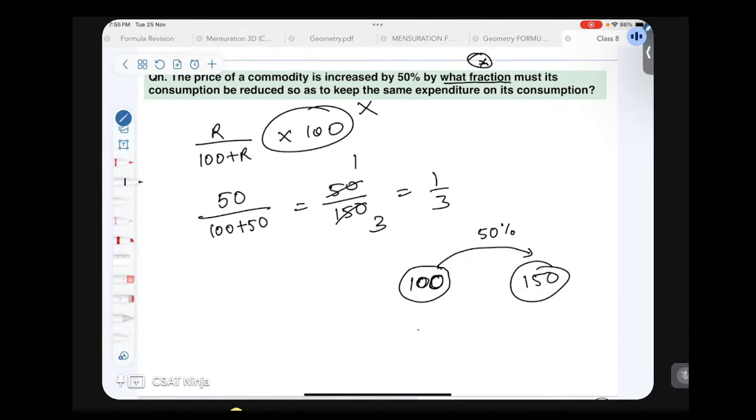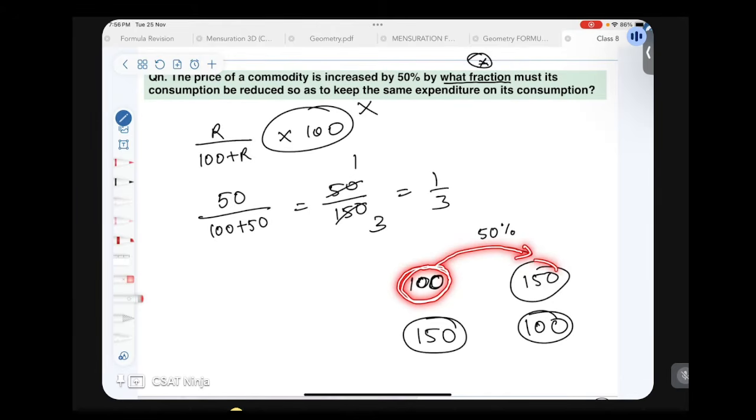So 150 will come here and this 100 will go here. We call it reciprocal, okay? So earlier the old price was 100, then the new price is this one.